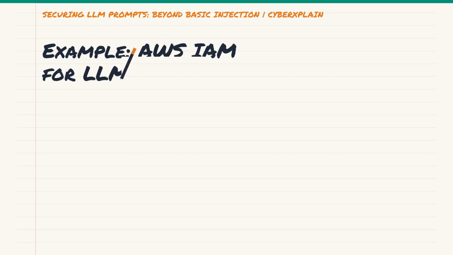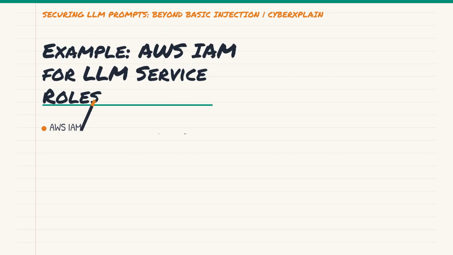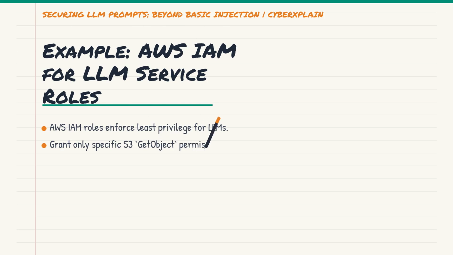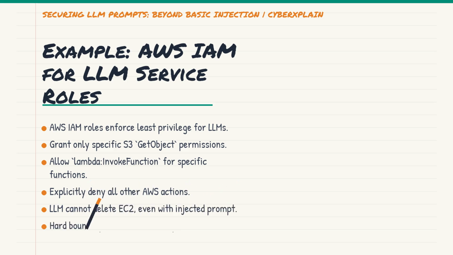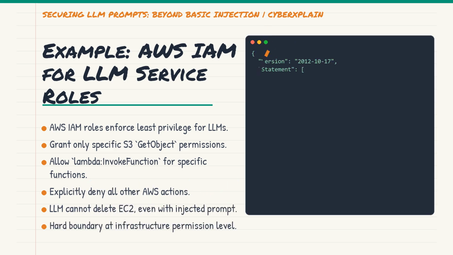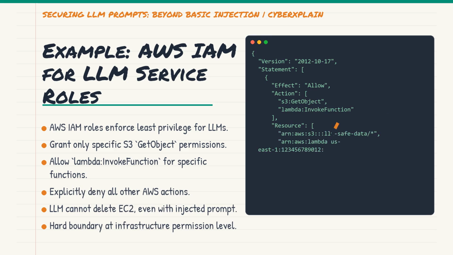Let's make this concrete with AWS. If your LLM application needs to fetch data from an S3 bucket or call a Lambda function, you'd create an IAM role specifically for that LLM's backend service. This role would have only the S3 GetObject permission on specific S3 buckets and Lambda InvokeFunction on specific Lambda functions.